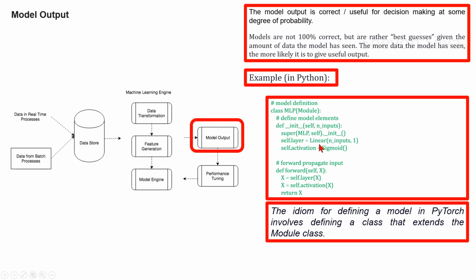Many layers are available, such as Linear for fully connected layers, Conv2d for convolutional layers, and MaxPool2d for pooling layers. Here, this is an example with a simple MLP model with one layer.